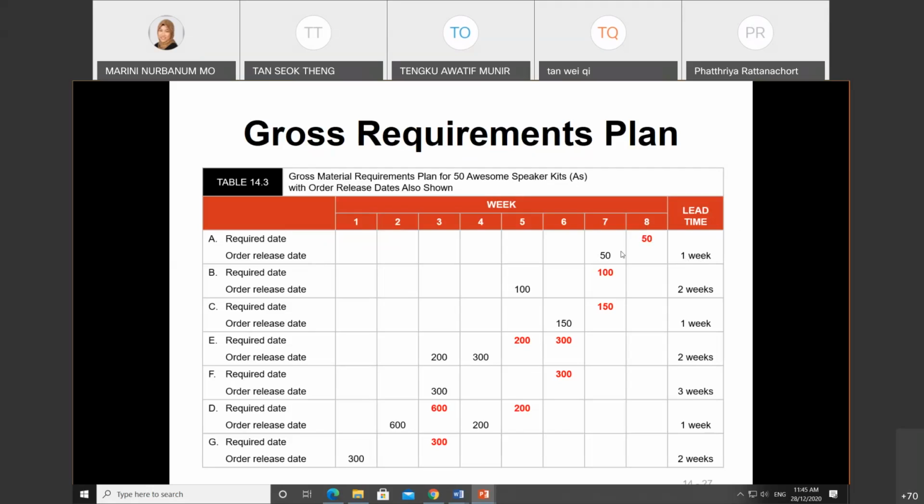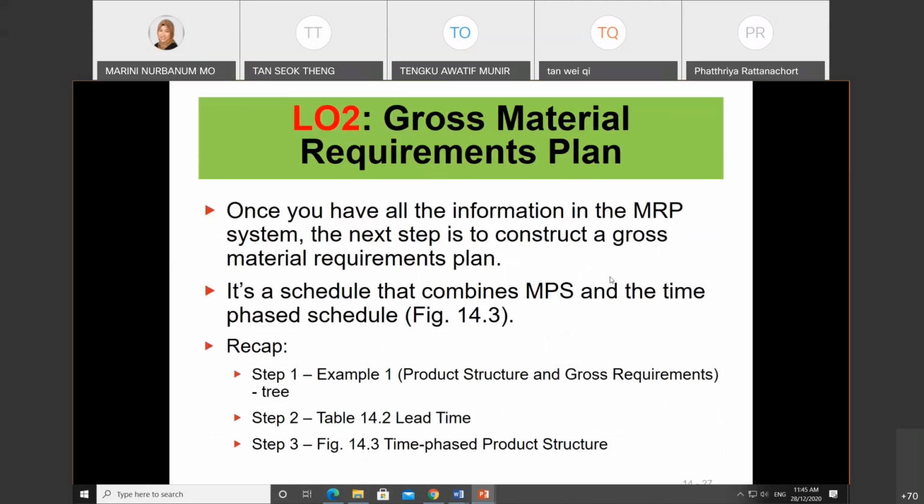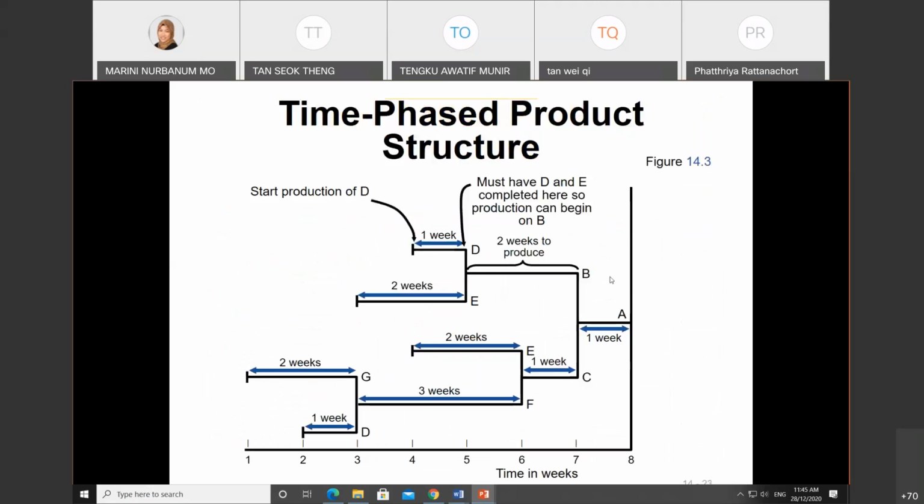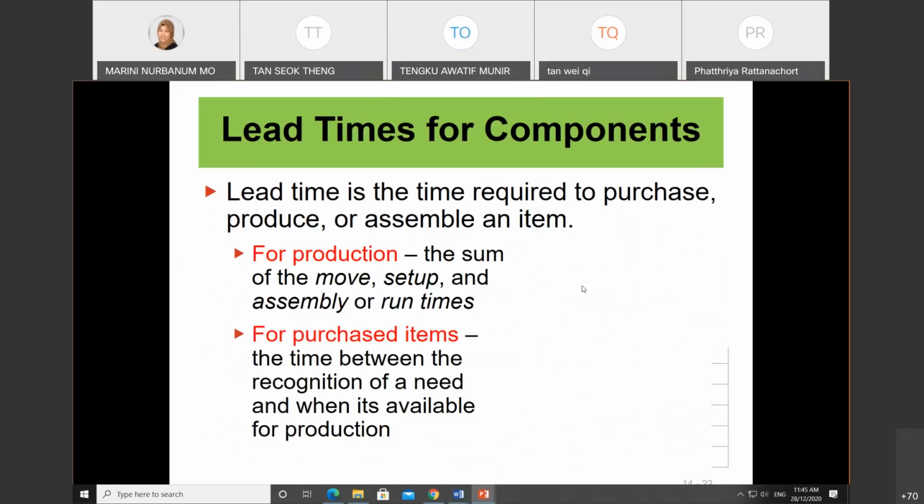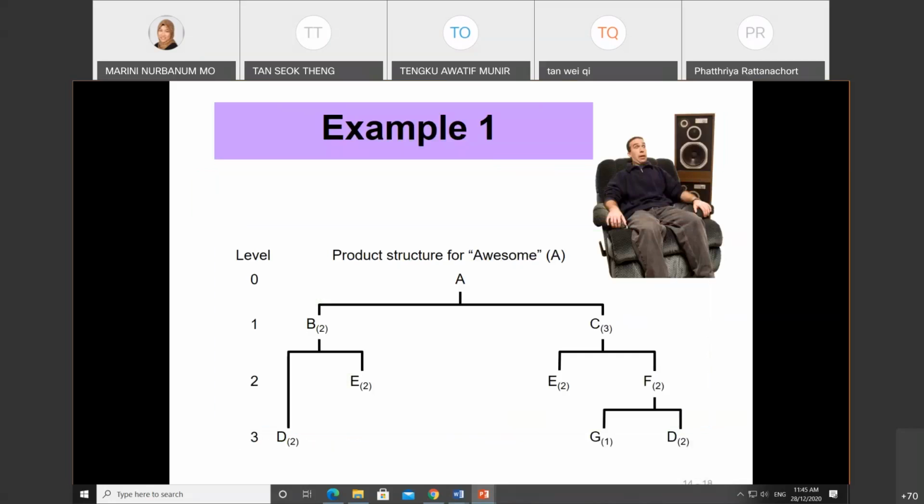Okay. Next, required date. So you refer to this one. Your product 3 just now, your calculation, A 50, B 100, correct? C how much? B is 100, C is 150.